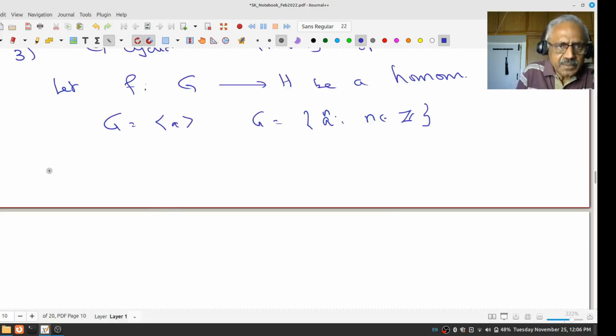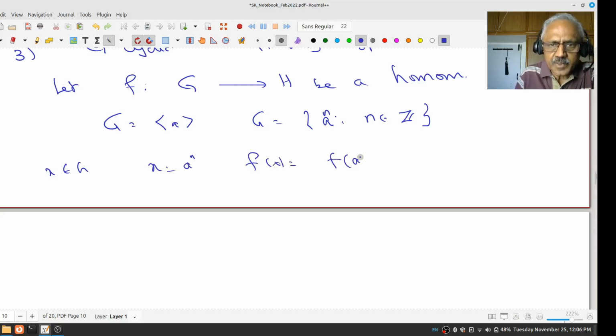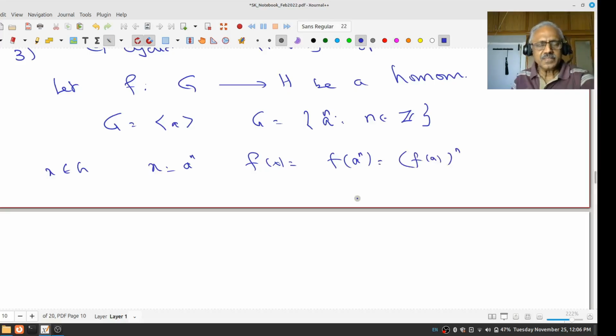Any element x in G is of the form x equals a to the power n, right, for some n? Therefore, what is f of x? f of x is f of a to the power n. But since f is a group morphism, it is f(a) to the power n. So, what does this say? What is its significance?